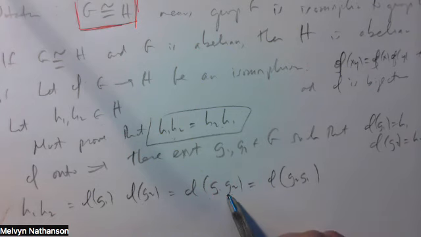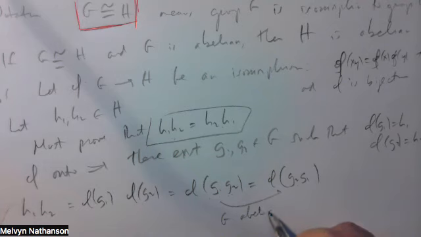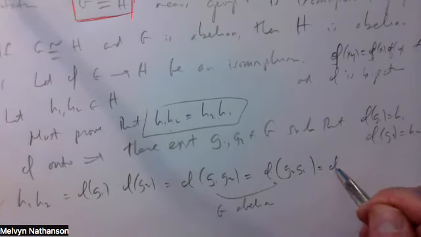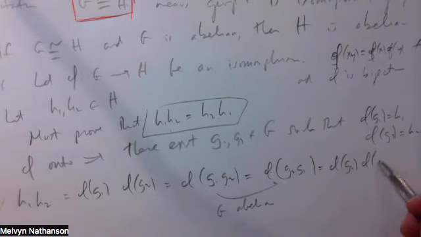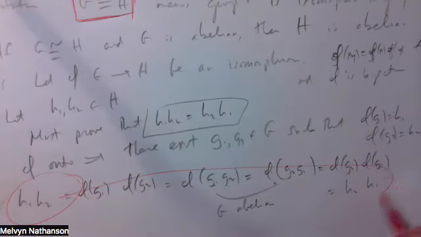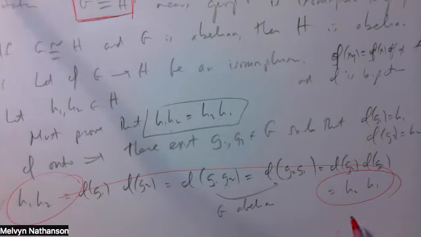So phi of g1 g2 is phi of g2 g1 because G is abelian. And again, because phi is an isomorphism, this is phi of g2 times phi of g1. And phi of g2 is h2 and phi of g1 is h1. So I've proved that h1 h2 equals h2 h1, just using the fact that H is isomorphic to an abelian group.